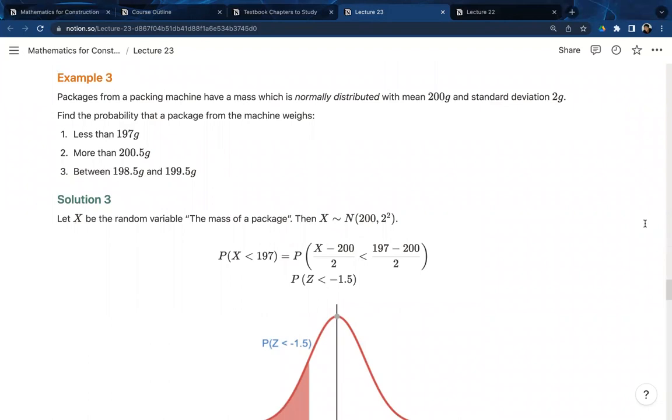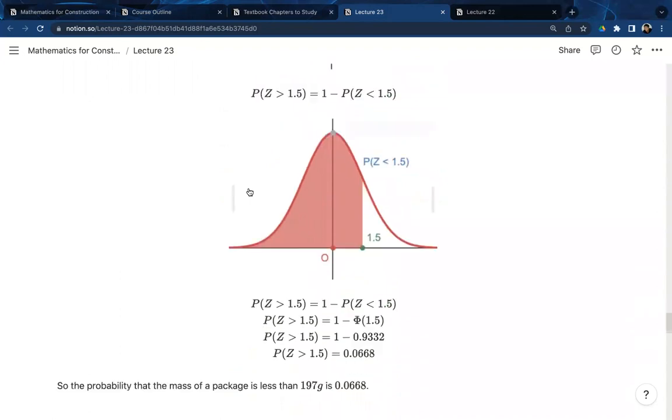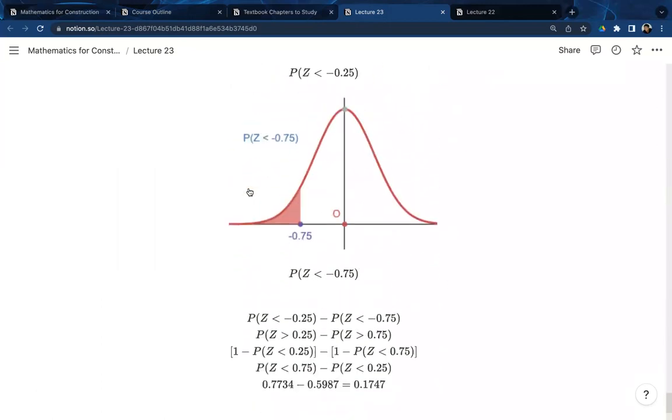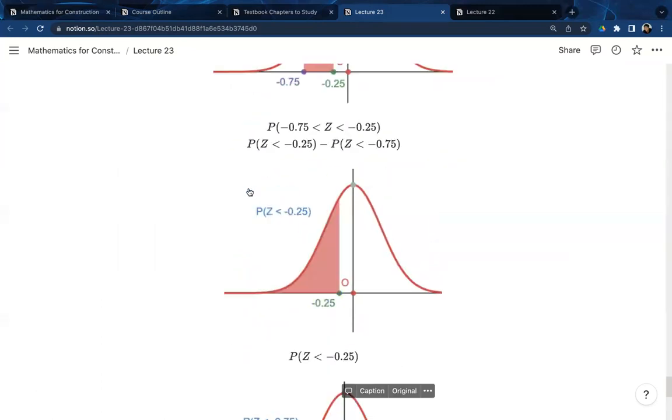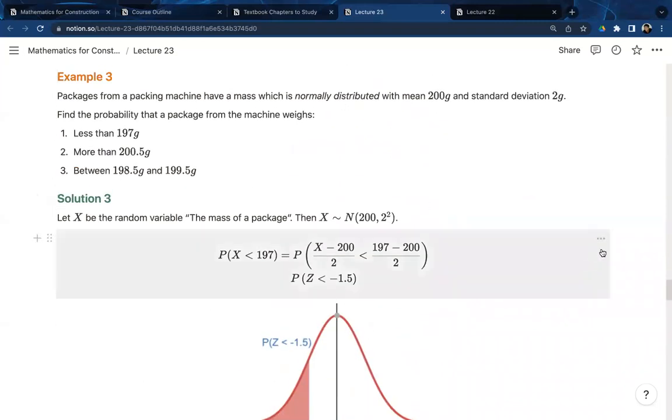It has a mean, it has a standard deviation, and you need to calculate the probability that the variable has a value within some range. It could be a less than, it could be a more than, it could be a band like this here. Anything they could ask you, and that's legit. So I hope you all understand how we did this question in example 3, right?